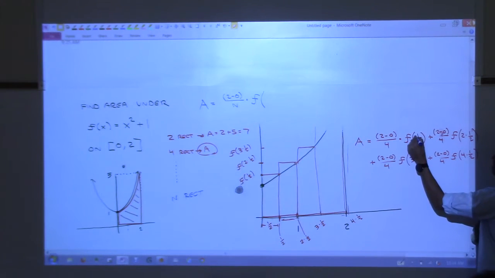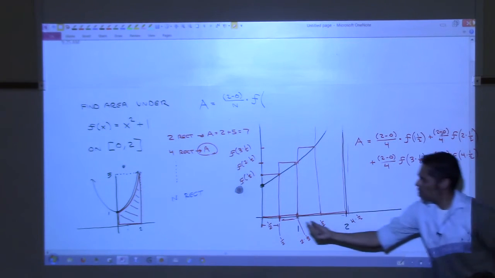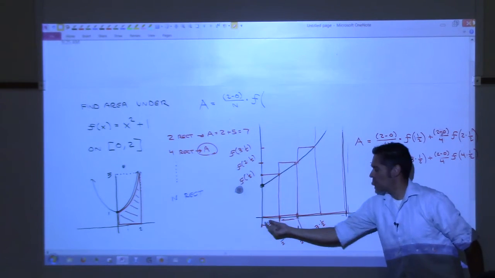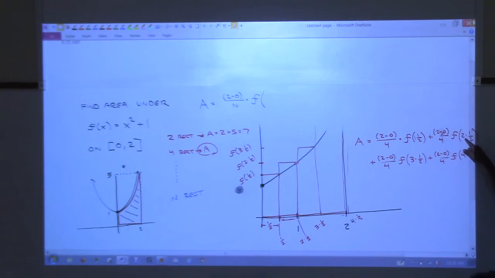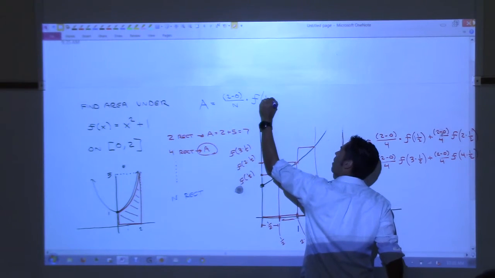I was first evaluating at 1 times that first jump, which was a half. Then I had 2 of those jumps, then 3, then 4, and I kept going, stopping at 4.